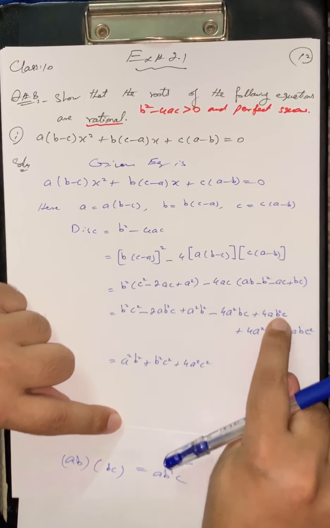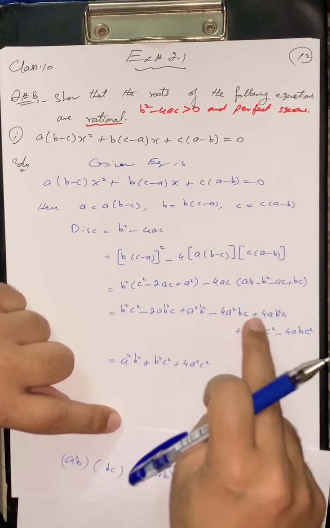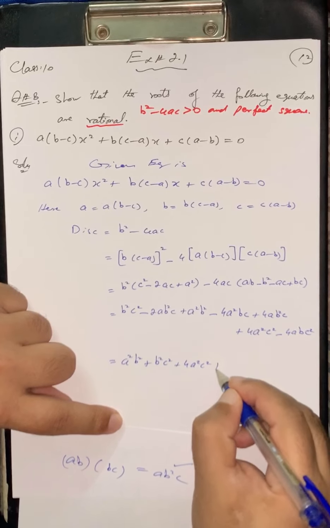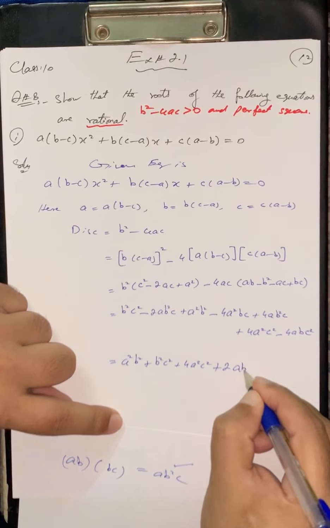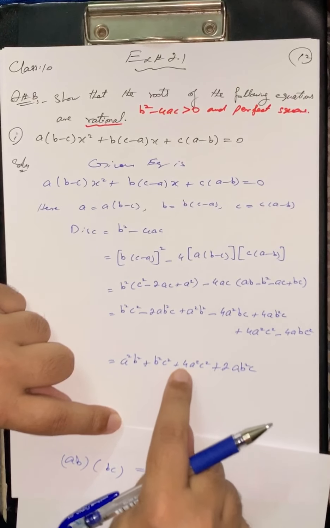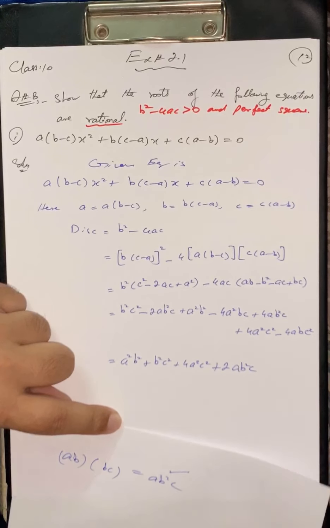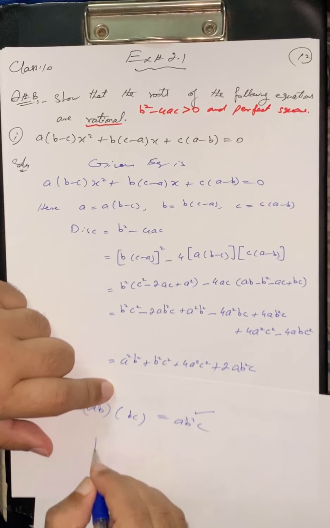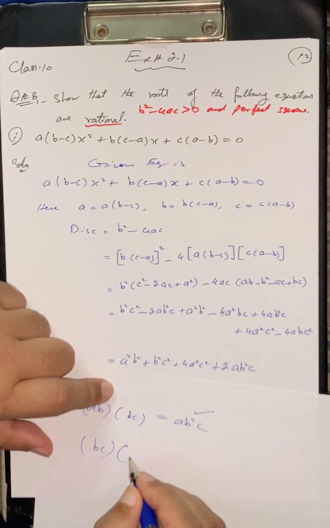So when we solve them, minus 2 plus 4 minus 2 gives positive 2, plus 2ab square c. Hope you got it. Now multiply these two without square, don't write 4. This is bc, I write it in the rough, bc multiplied with ac, don't write 4.